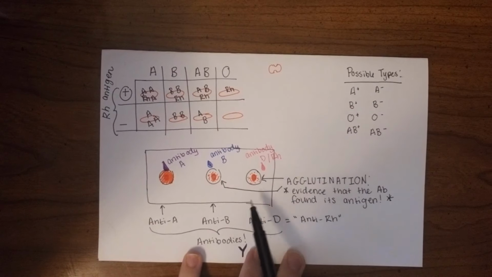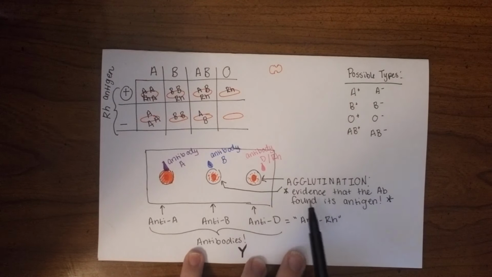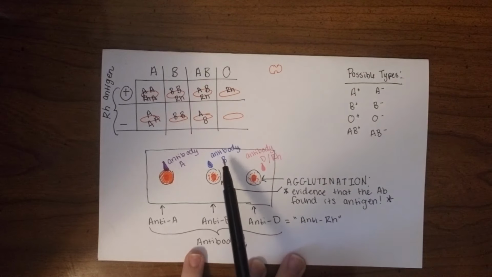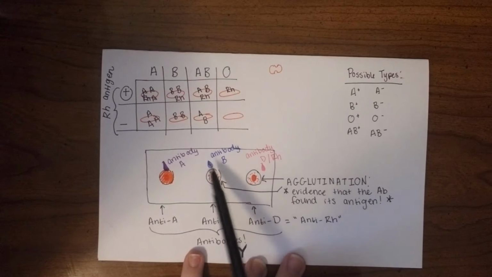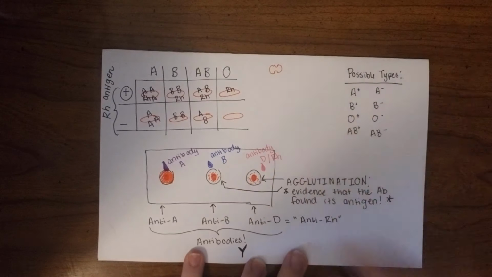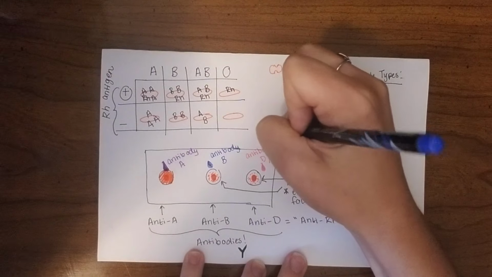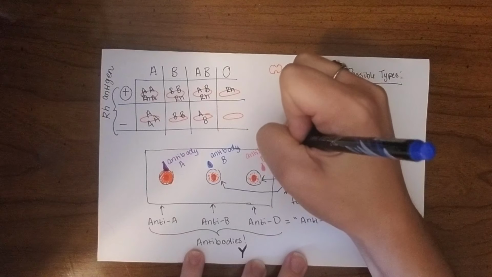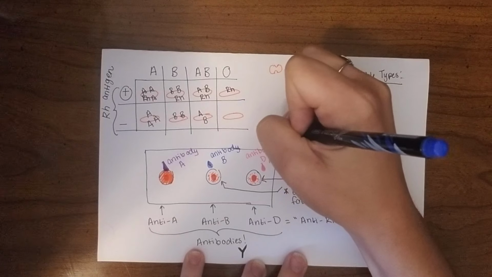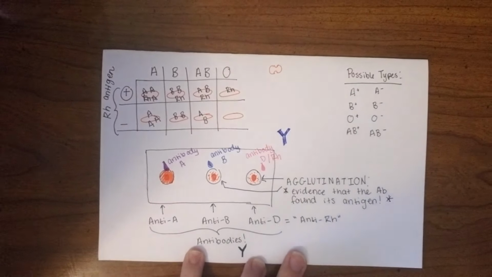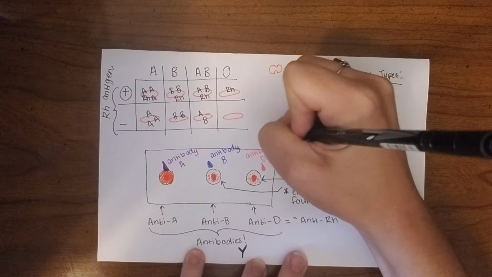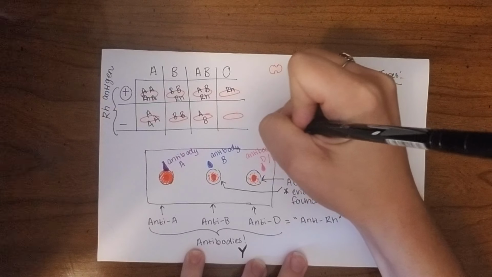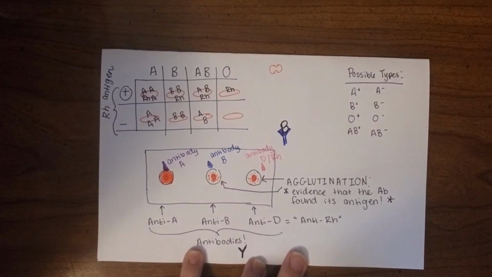If you see clumping, if you see this agglutination, it's evidence that the antibody that you put has found its antigen. Okay, so example, antibody B. This is a little protein that is roaming around looking for B antigens. And if it finds B antigens, it's going to bind to that B, and that's what is causing the clumping.